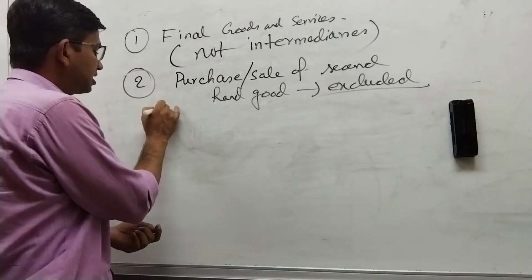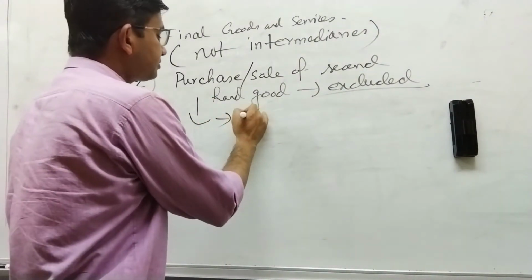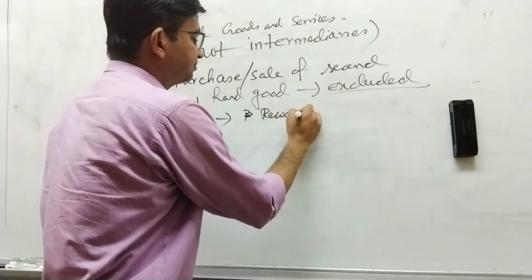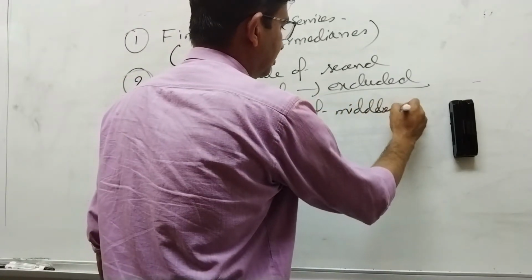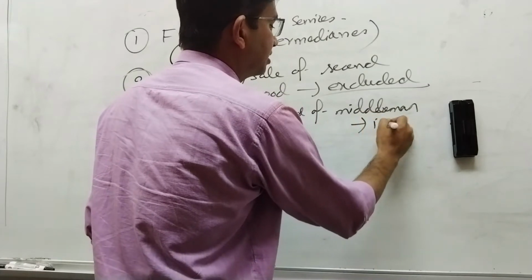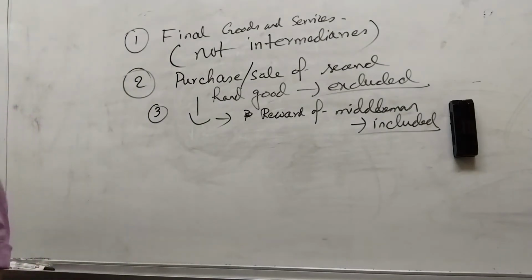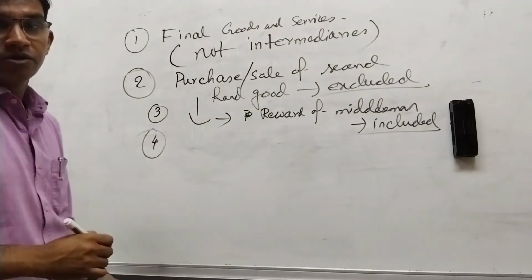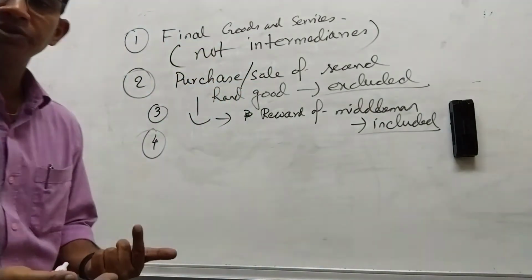So in this case, number 3, the reward of the middleman should be included, because this is a fresh service in this financial year. Number 4, you should remember that any commodity which is produced for self consumption should also be included.